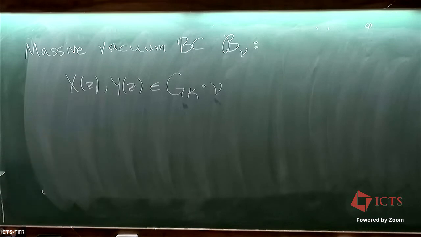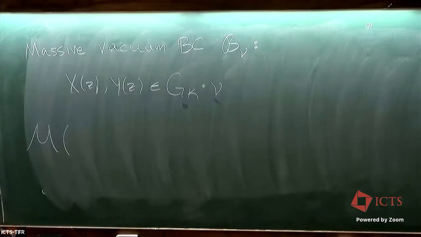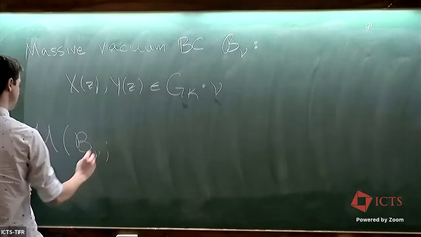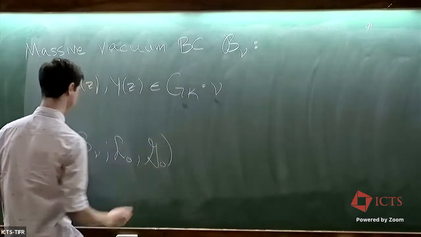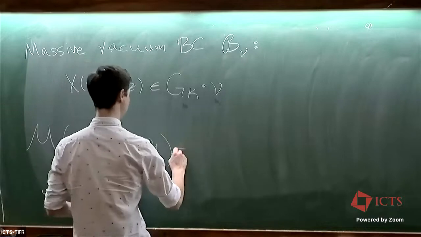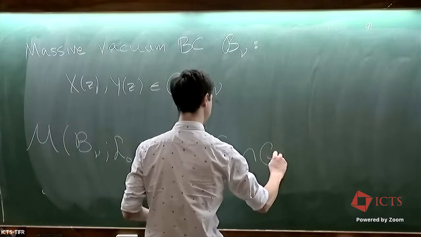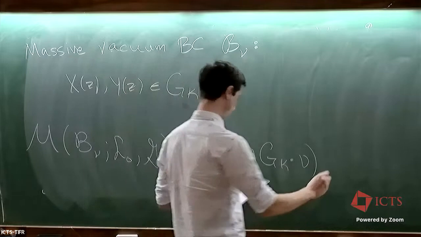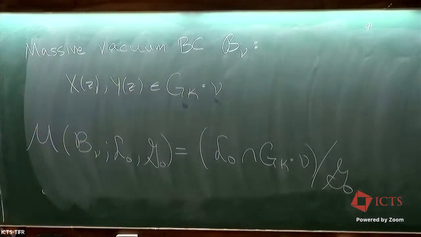So with this algebraic formulation, I would say that the moduli space, this target that we've been talking about, which depends on my choice of boundary condition B, the Lagrangian L, and the group G, is some intersection of L0 and this orbit of G sub K, and quotient by the unbroken gauge transformations G0.